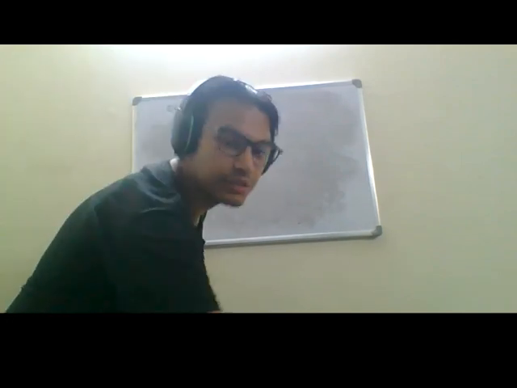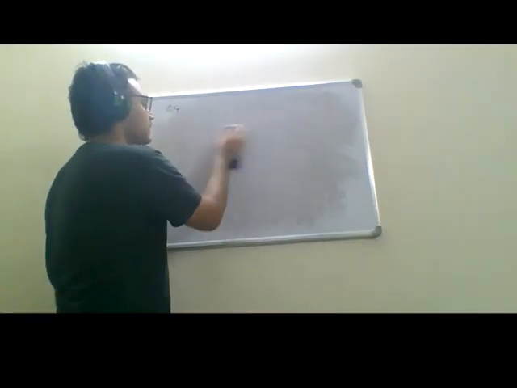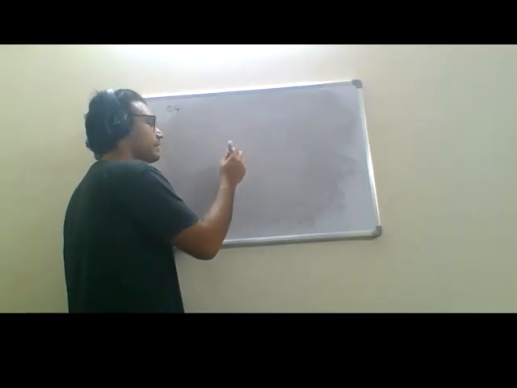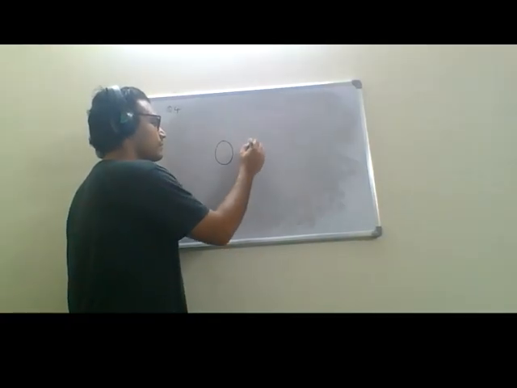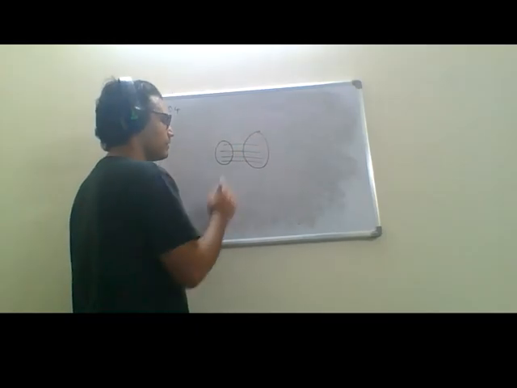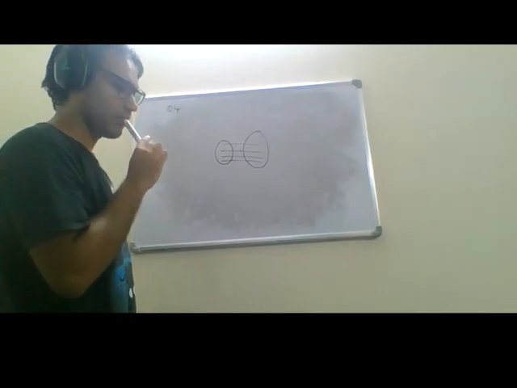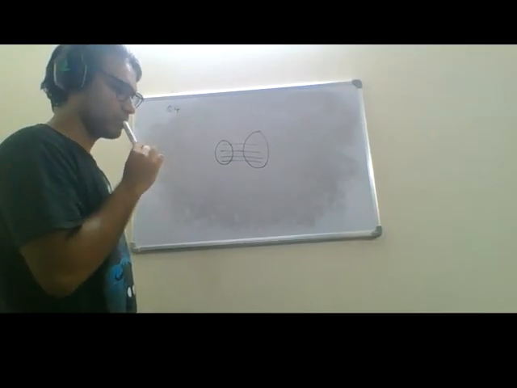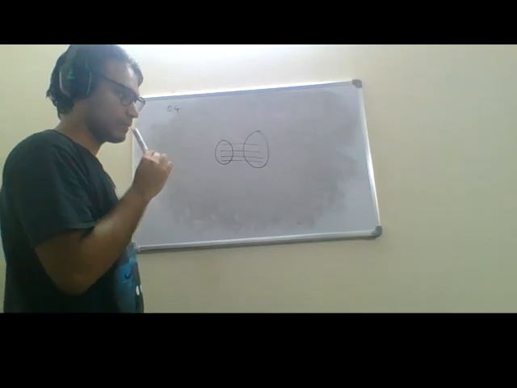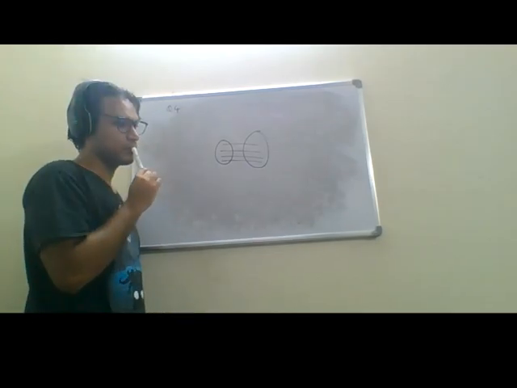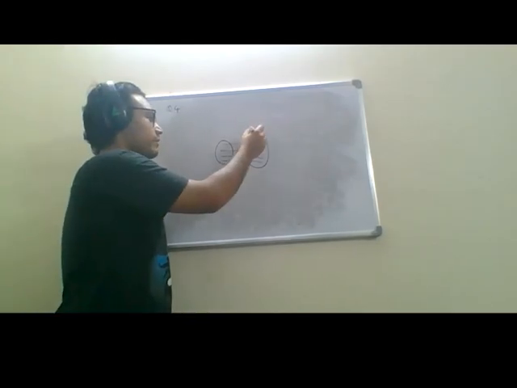For the left inverse, what about the left inverse? Let's see. I think we only have one. Let's just take this and, yeah, I think we can have more than one left inverse too.